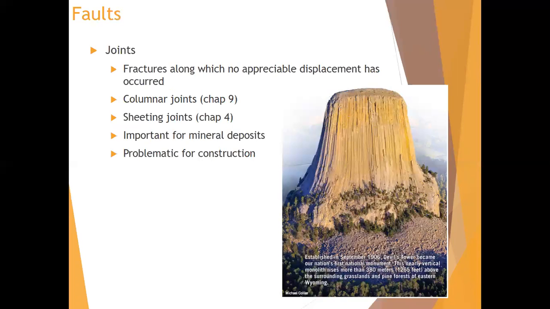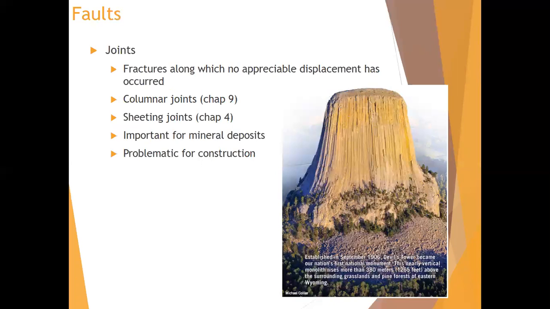They tend to be really important for mineral deposits, but they're very problematic for construction. They tend to be very resistant rocks, and they are random frequently in exactly where they are. So it makes doing construction in an area with jointing quite difficult.